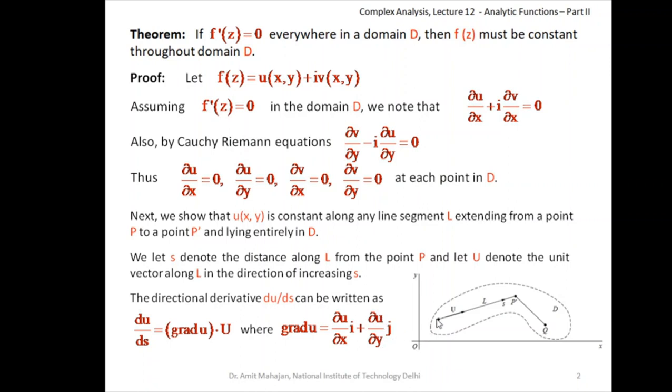At each point inside the domain the partial derivative of u with respect to x is 0 and with respect to y is 0, so definitely the gradient of u is 0, and if the gradient of u is 0, then du/ds is also 0 along this line.